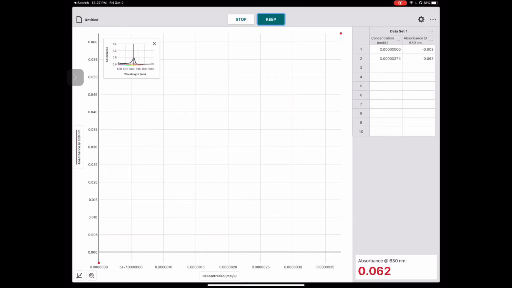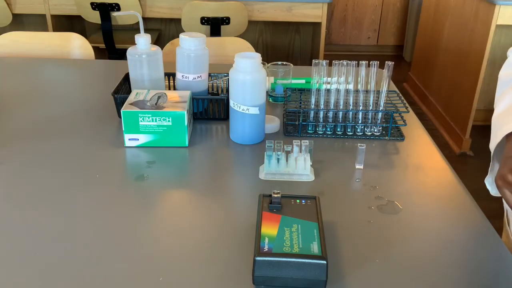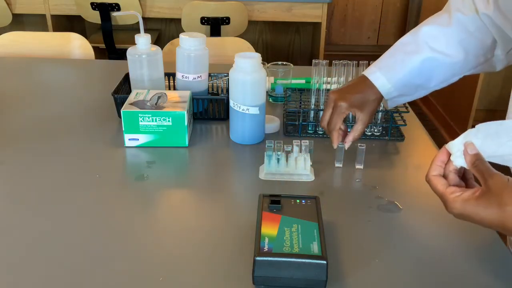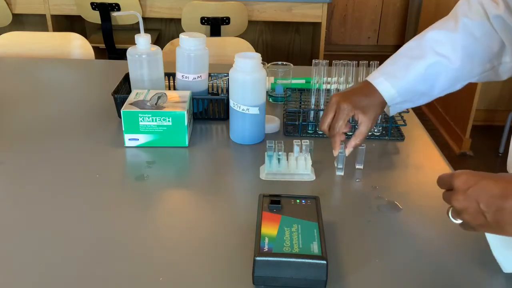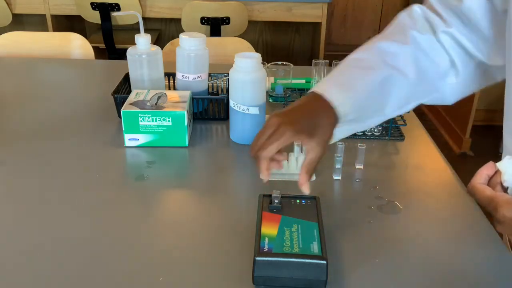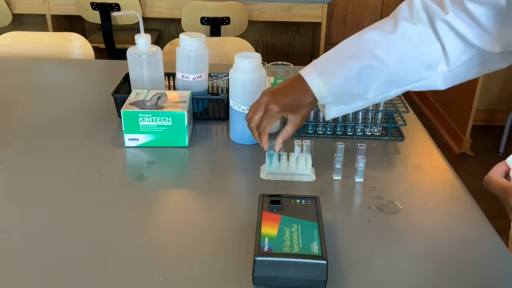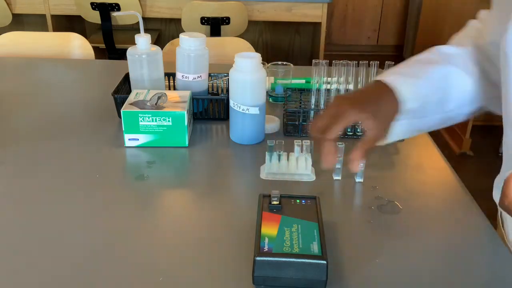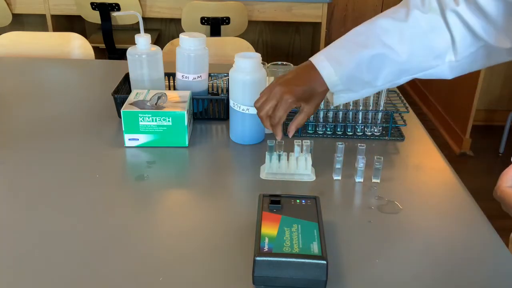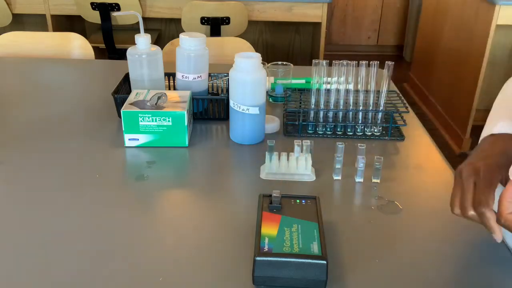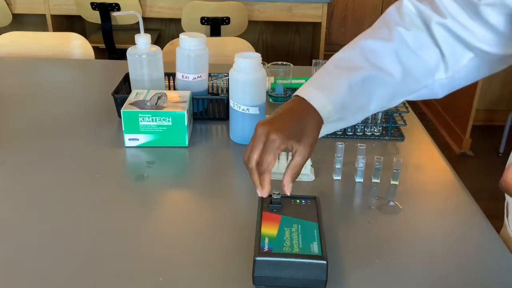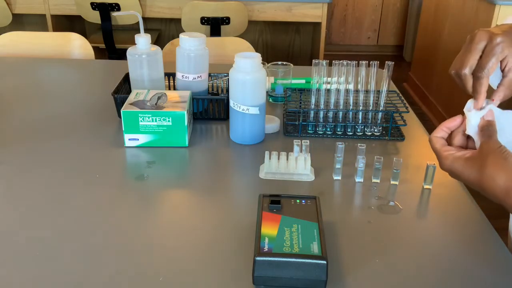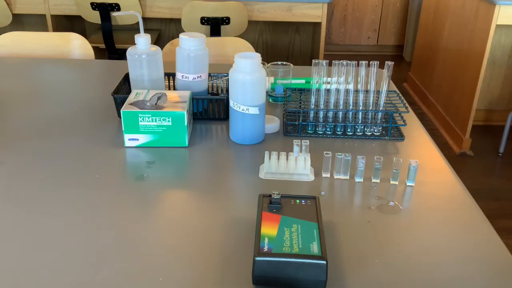We'll continue. Press keep, enter your concentration in moles per liter, and continue. This is our last sample.